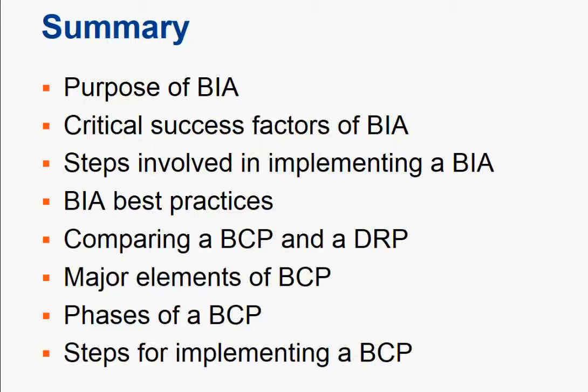The business impact analysis, you know the purpose of that, the critical success factors of a BIA, steps involved in implementing it, and the BIA best practices. Comparing a BCP and a DRP, we went over that just a few minutes ago. The major elements of a business continuity plan, phases of a business continuity plan, and steps for implementing a business continuity plan.